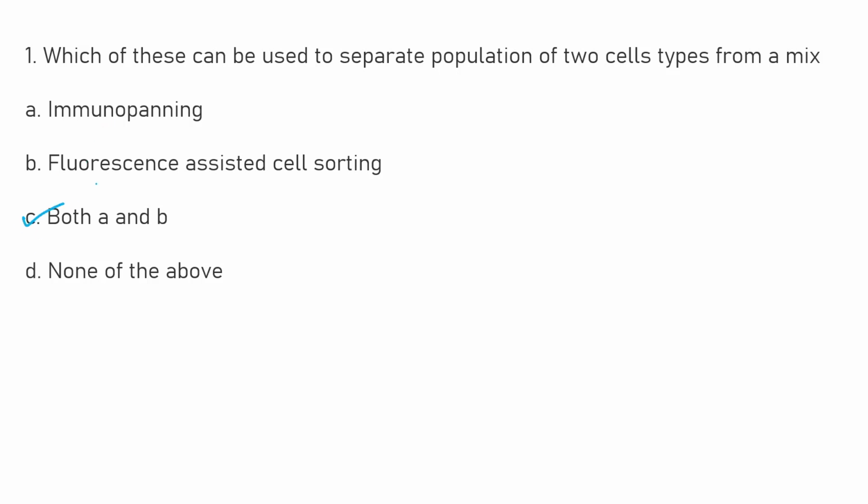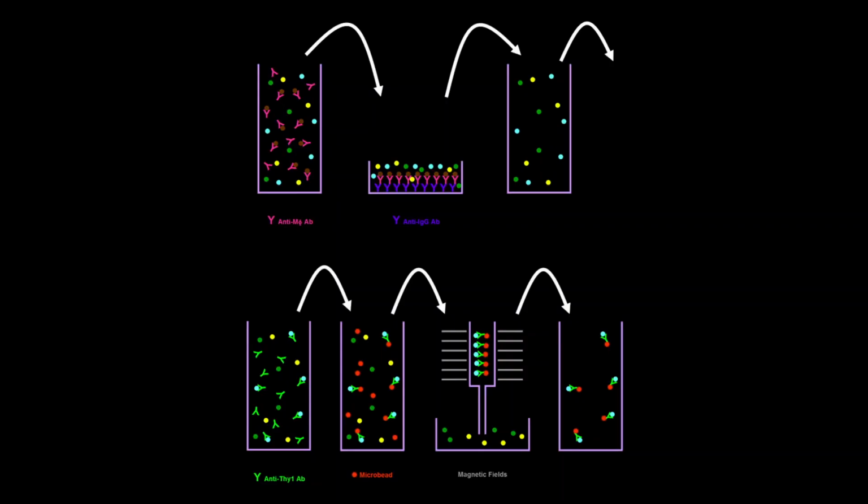Basically, both of these techniques, immunopanning as well as fluorescence assisted cell sorting, also called FACS, can be used to separate two different kinds of cell population. I'll just discuss in brief both immunopanning and FACS.